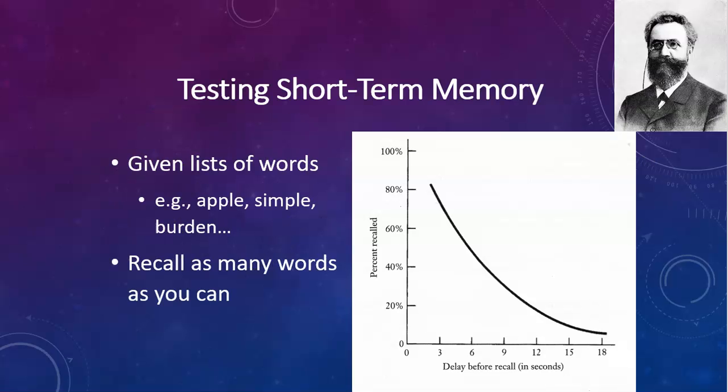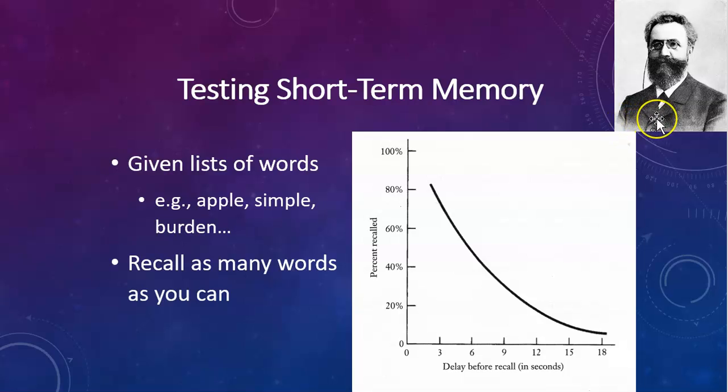So how do we test short-term memory? Let's talk about one of the very first studies. This curve was created by this old white dude up here called Ebbinghaus, and he really studied the act of forgetting.